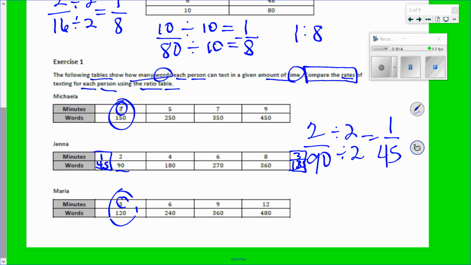Now, let's talk about this. Who can text the most words per minute? Michaela. Then who? Jenna, because we've got 135, and then Maria. So I'm going to put Michaela can text the most words per minute.